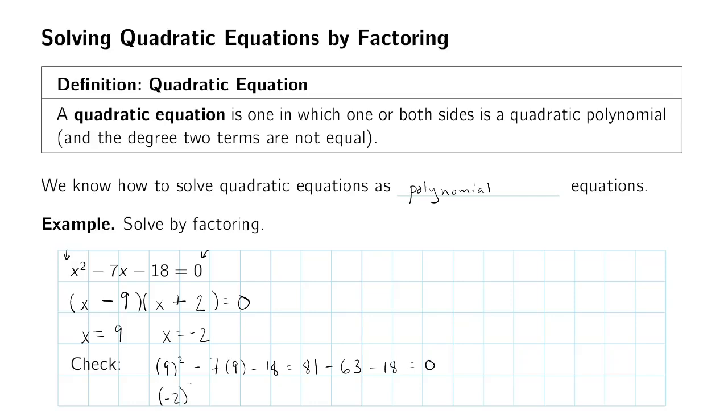Negative 2 squared minus 7 times negative 2 minus 18. That's 4 plus 14 minus 18. So that'll be also 0. So both of these numbers actually work in the original equation. They really are our two solutions.